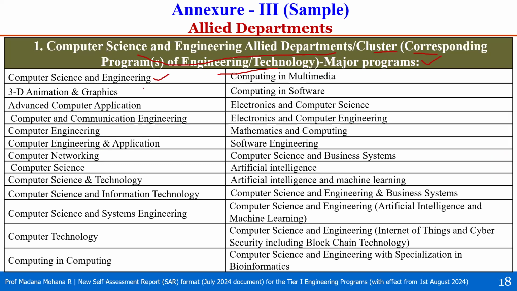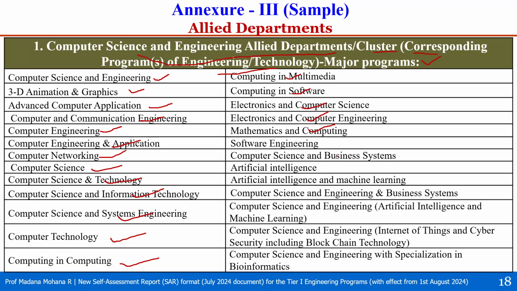Computer science and engineering, 3D animation and graphics, advanced computer applications, computer and communication engineering, computer engineering and applications, computer networking, computer science and technology, computer science and information technology, computer science and system engineering, computer technology, computing in multimedia, computing in software, electronics and computer science, electronics and computer engineering, mathematics and computing, and so on.